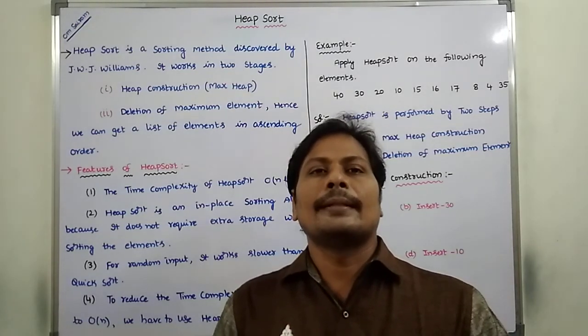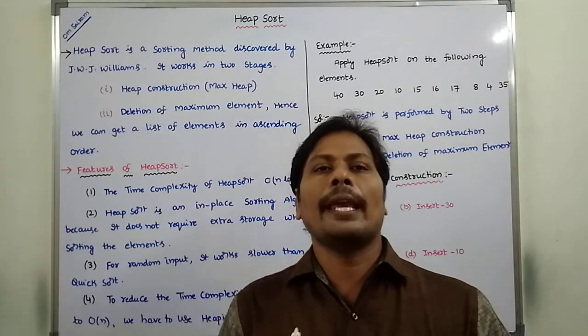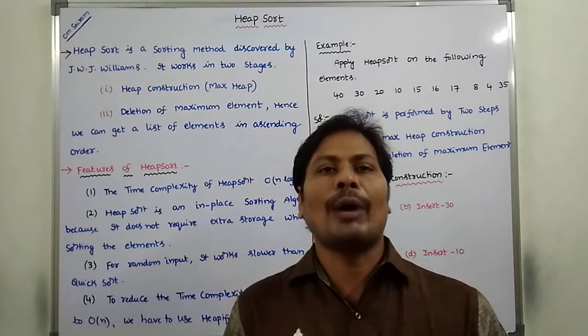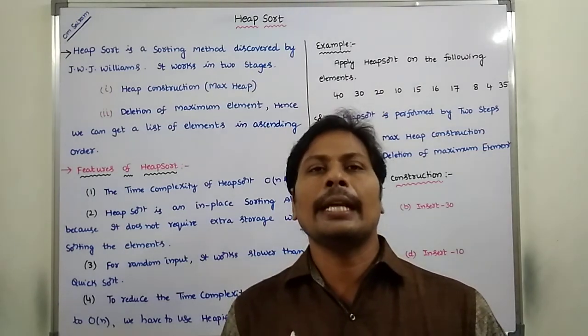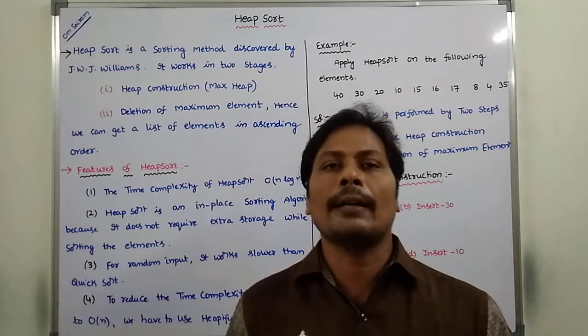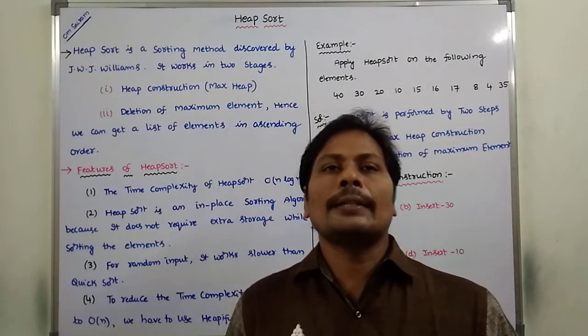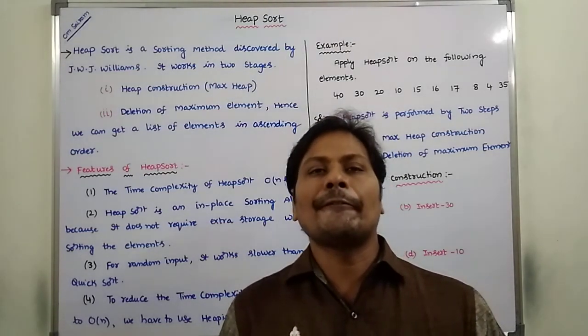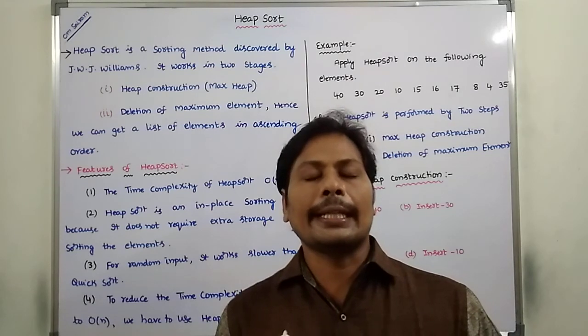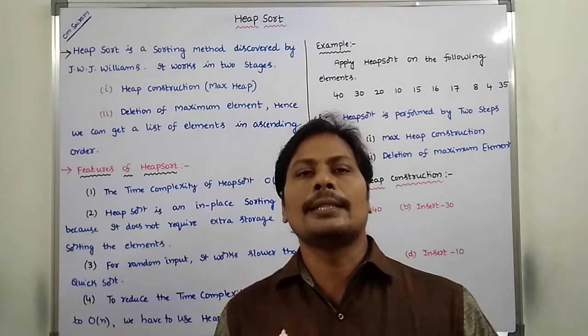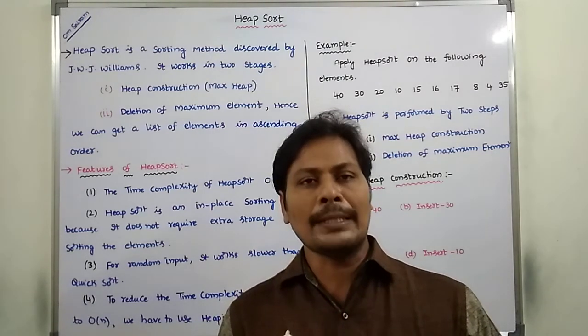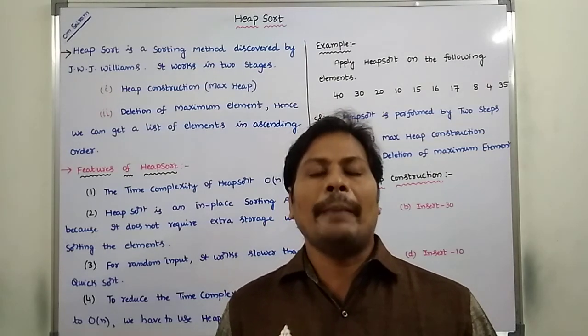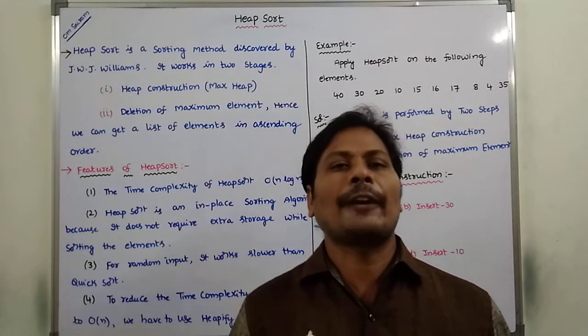Hi friends, today I am giving a lecture on one type of sorting technique called heap sort. Heap sort is a sorting technique that was developed by J. W. J. Williams. Heap sort mainly consists of two phases.